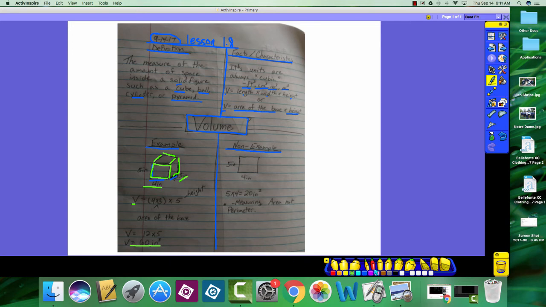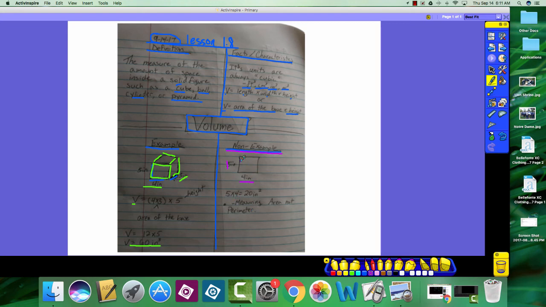So now that you've done that, let's look at a non-example here. Remember, a non-example is a bad example. It's a counterexample. So I drew just a regular rectangle here, and it's a 5 by 4. This is only a two-dimensional shape. I only have length and I only have width. I don't have height and I don't have thickness, so it's not a three-dimensional shape. So all I can do here is find the area.